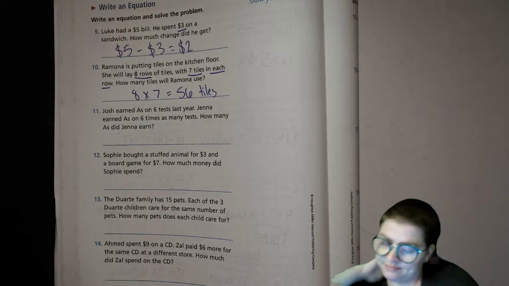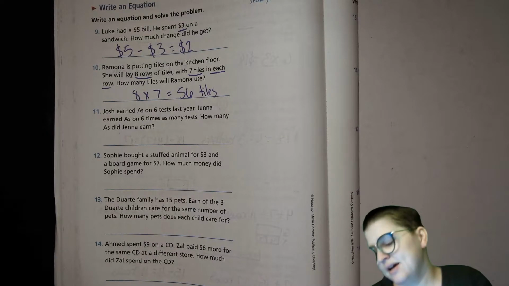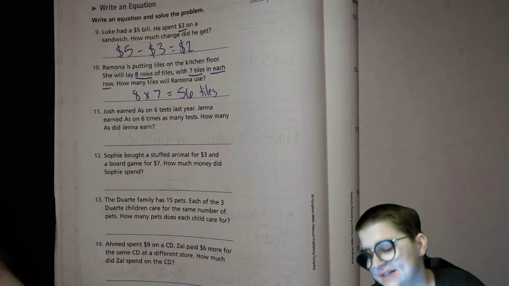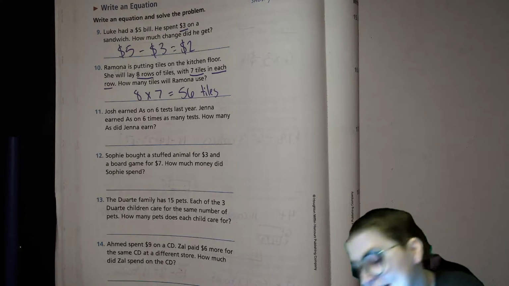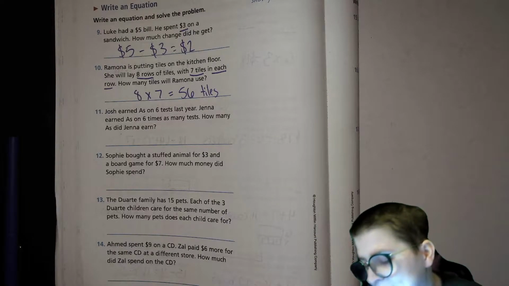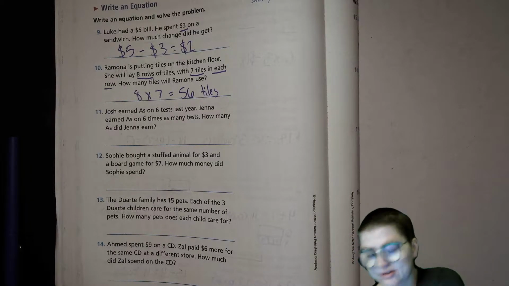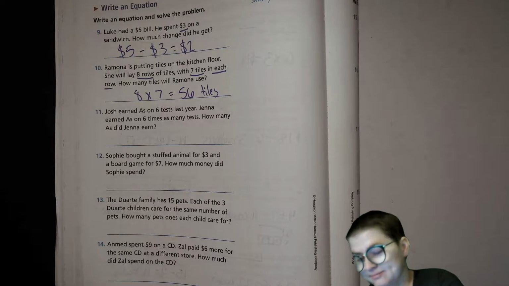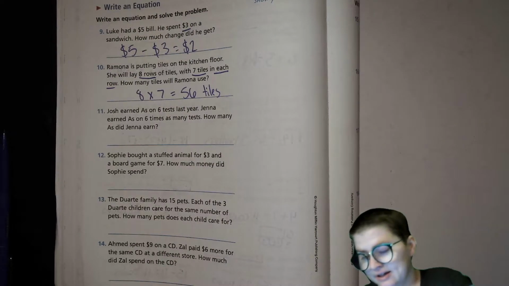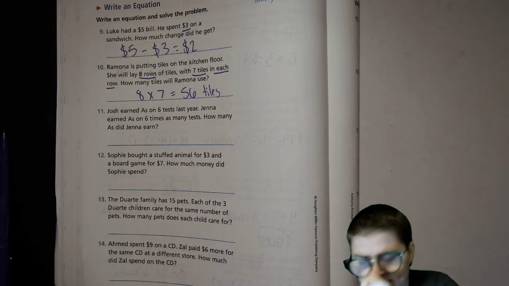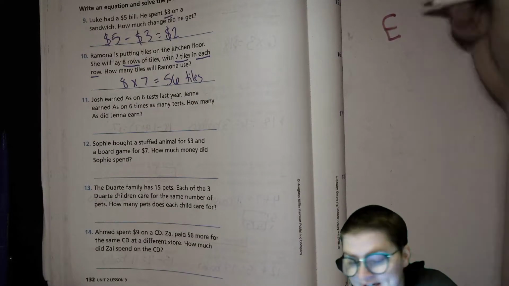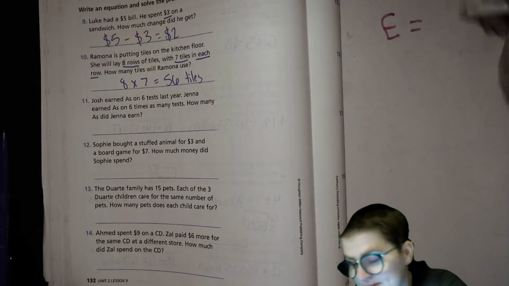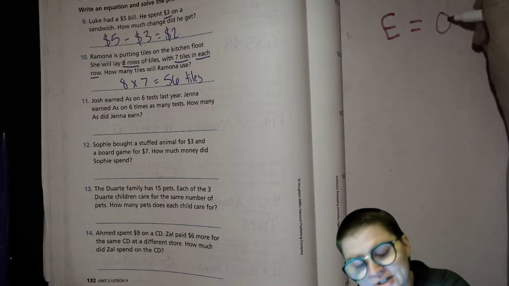Okay. Number 7. Josh earned A's on 6 tests last year. Jenna earned A's on 6 times as many tests. How many A's did Jenna earn? So this is basically saying, I wish their names didn't start with the same letter. I'll go with the second letter. So E for Jenna equals O for Josh's.